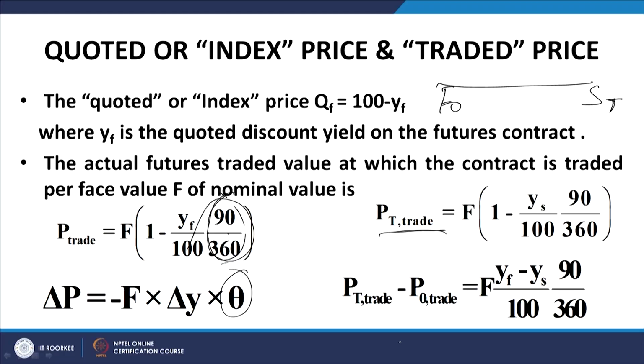The second thing is, even if you want to retain the same level of changes in prices, you can rescale your tick size. You can rescale your tick size and have a different theta. You can rescale delta y. For example, if you have a tick size of 1 basis point, it translates to $25 for a US T-bill futures.